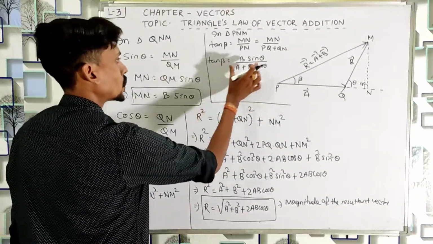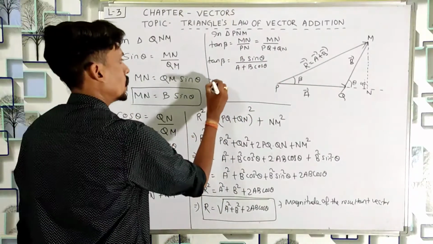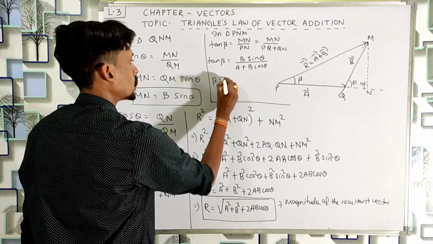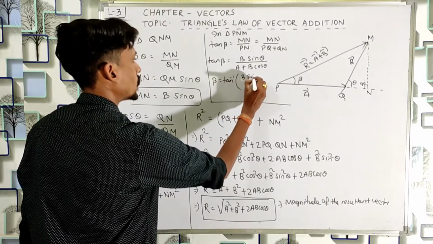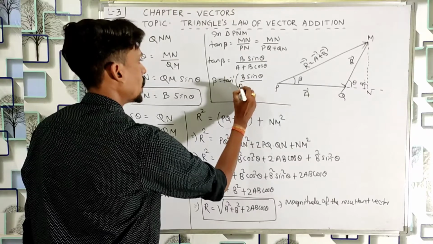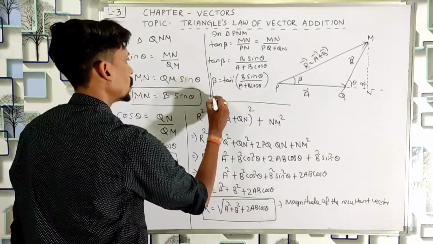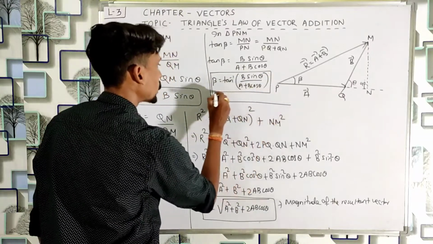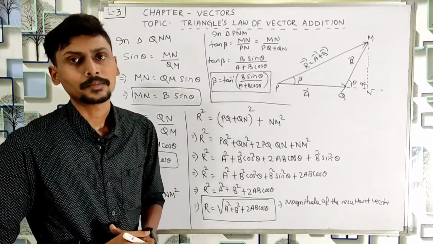So tan beta is equal to B sin theta by A plus B cos theta. So beta will be how much? Tan inverse of B sin theta divided by A plus B cos theta. Is that clear? So in this way you can find the angle between resultant vector and A vector.